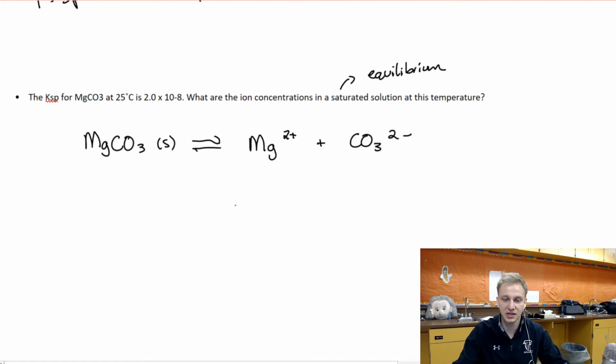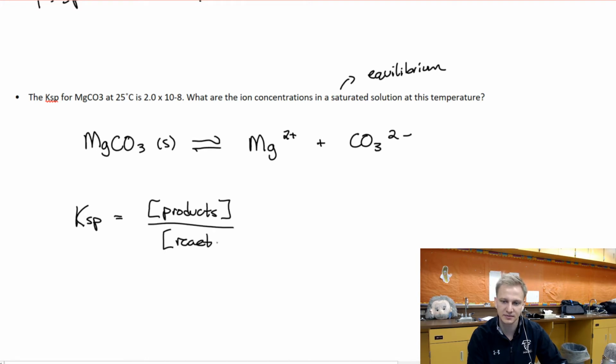And so the KSP equation is the exact same as our KEQ equation, where we have the concentration of the products over the reactants.